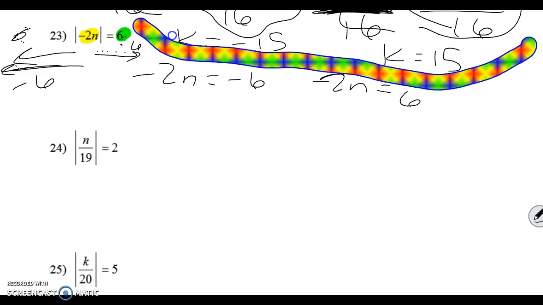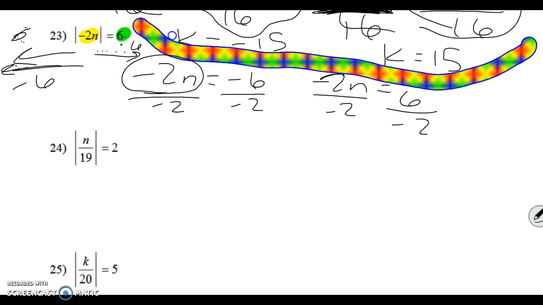So we're going to divide. Whoa, I jumped the gun. What does negative 2n mean? Negative 2 times n, everybody. That's correct. And how do we undo times? We divide by negative 2. And watch, divide by negative 2, divide by negative 2, all the way across. Get into the rhythm.